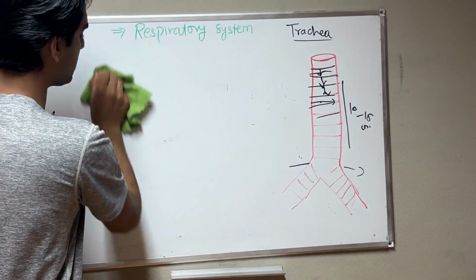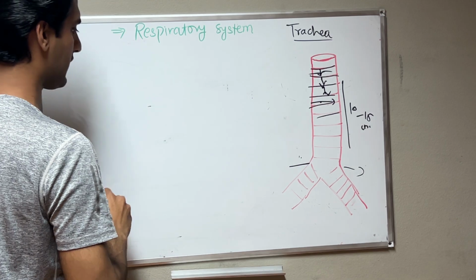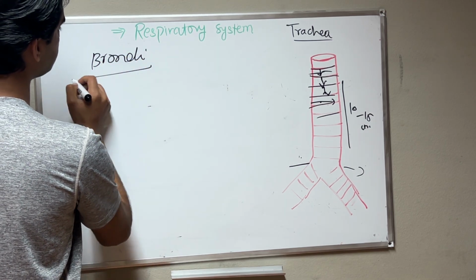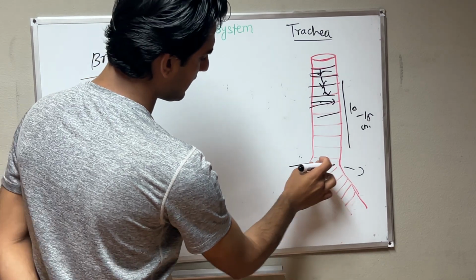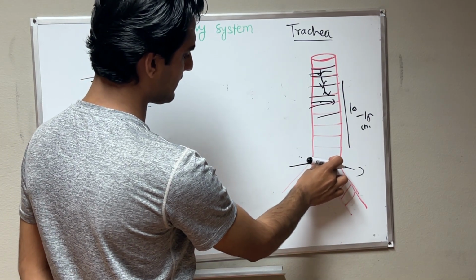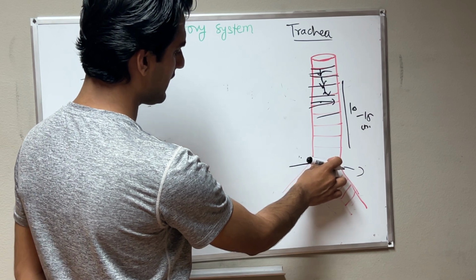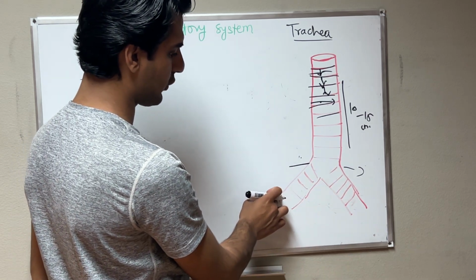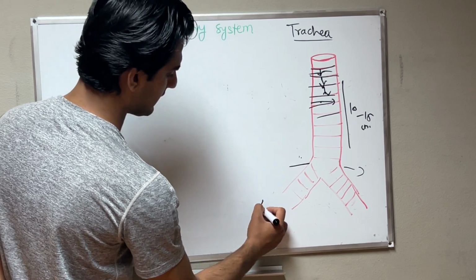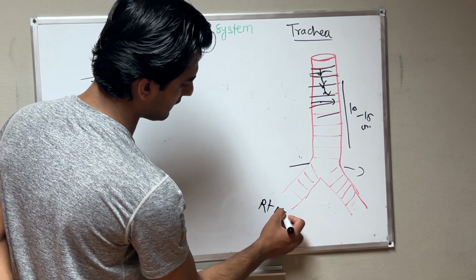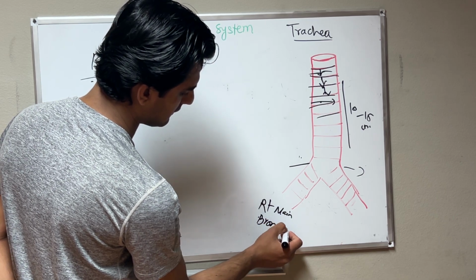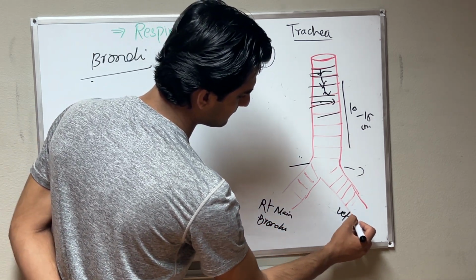Here is the area I already mentioned, the division of the trachea, called the carina of the trachea, and it divides into two bronchi: the right main bronchus and the left main bronchus.